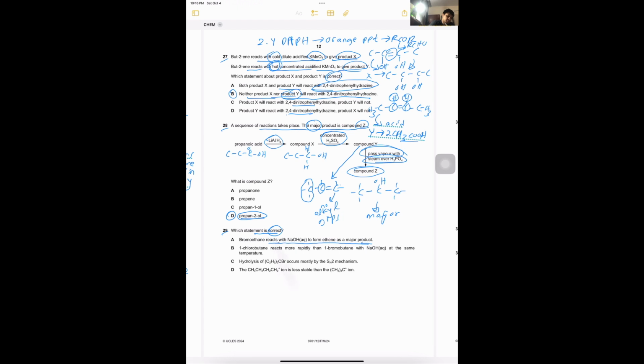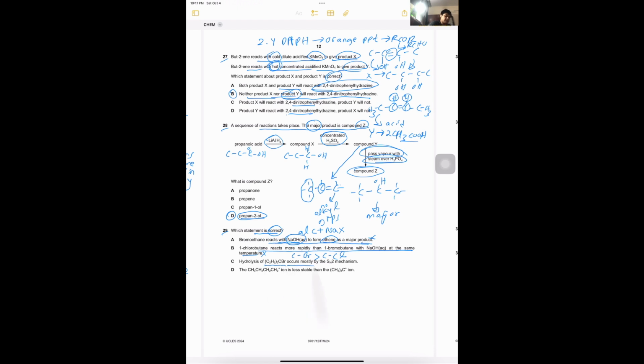Bromoethane reacts with aqueous NaOH, so alcohol forms, and a sodium halide will form, NaX, and so there is no major product of ethene forming. For part B, 1-chlorobutane reacts more rapidly than 1-bromobutane with NaOH at the same temperature. Not really, it's rather the opposite. C-Br reacts more rapidly as C-Cl is more stable, so B is wrong.